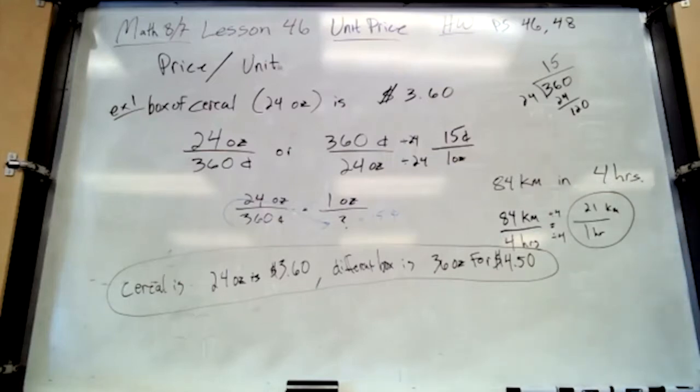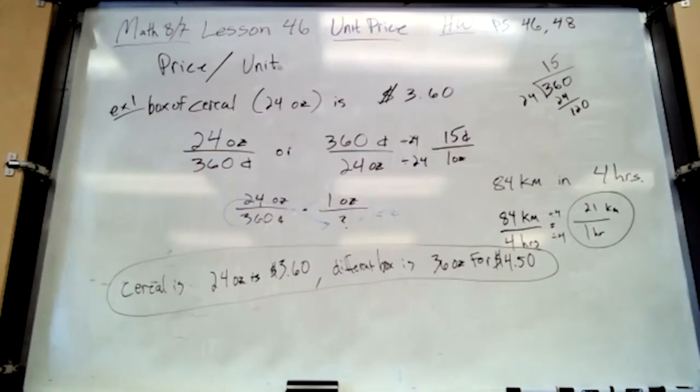Okay, so which one's the better buy? Well, you could probably guess, but let's do the math. We had a similar problem with this when we did that magazine subscription. Remember on that last test we did? There's a magazine subscription, and which one's the better buy, buying at the stand or doing the subscription? Same kind of thing. You can either pay for the year or pay every month. How many ounces?